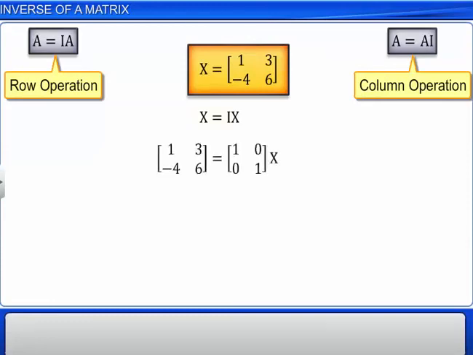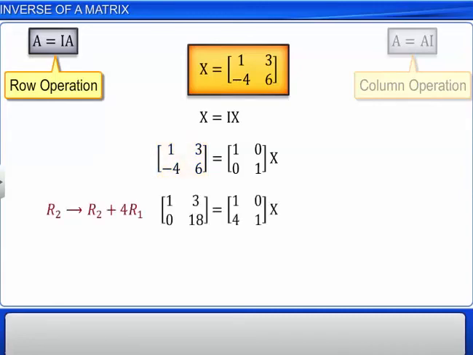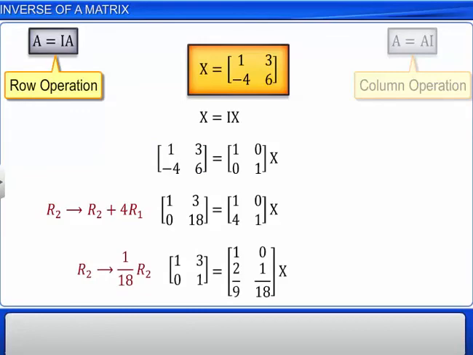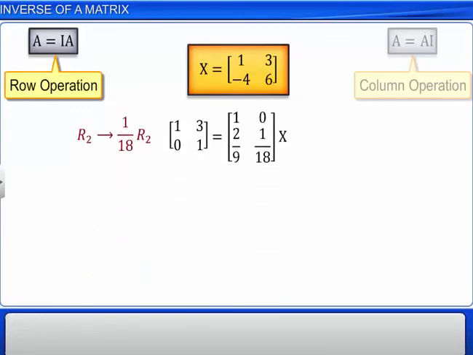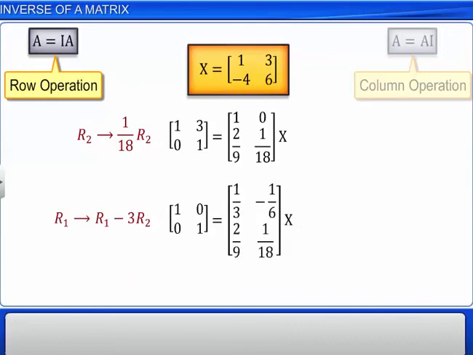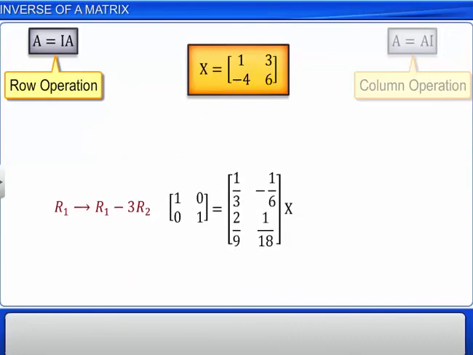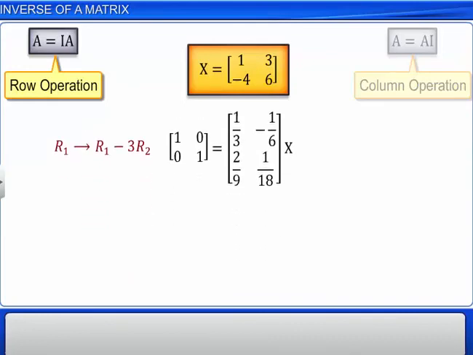Since matrix X is represented as identity matrix multiplied by X, we will perform row operations until the matrix on the left-hand side transforms into an identity matrix. The operations are as shown. Therefore, the inverse of matrix X is as shown.